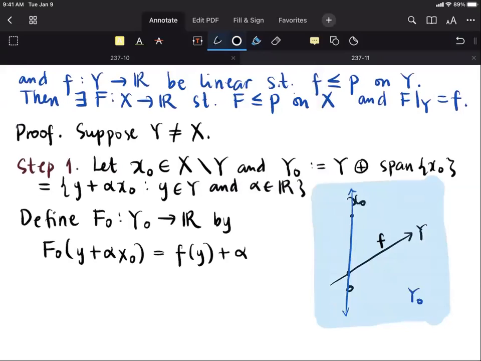Here we are expecting linearity, so we need to have some scalar c, to be chosen later. And here, of course, y is in capital Y and alpha is in R.